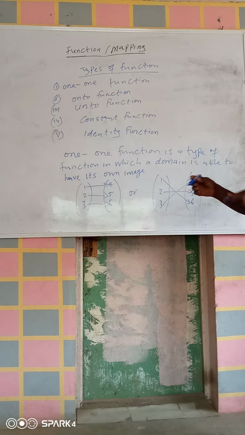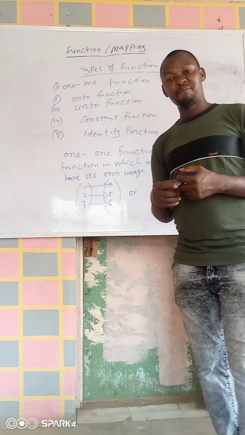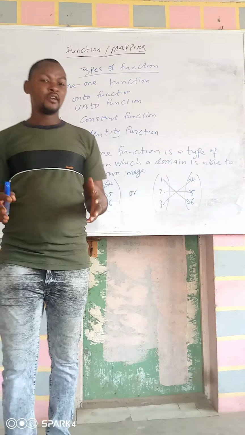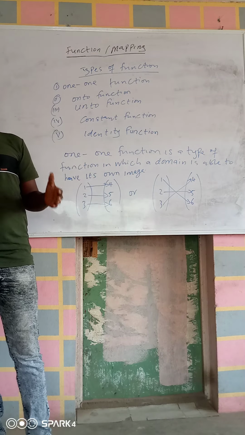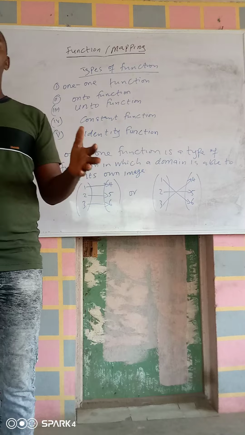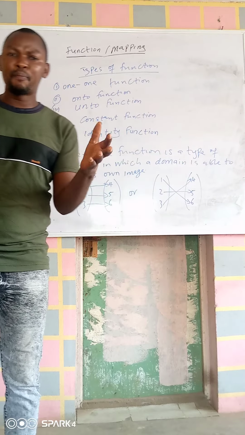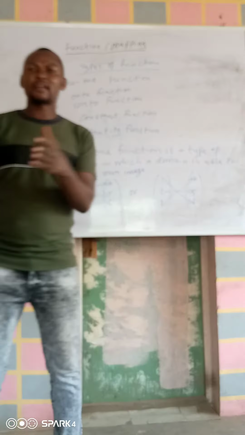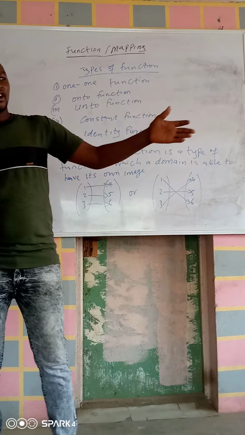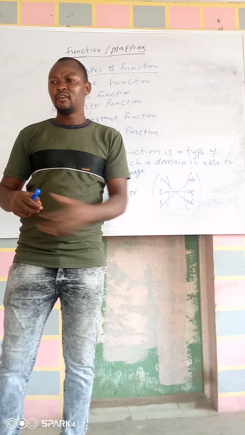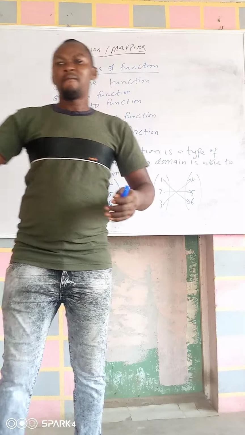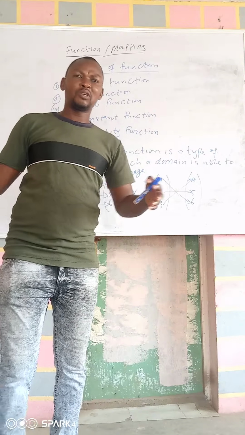So we can see this in sport, whereby the opponents mark each other. You see that number 7 of this team marks number 7 of this team, number 2 of this team marks number 2 of this team, and so on and so forth.